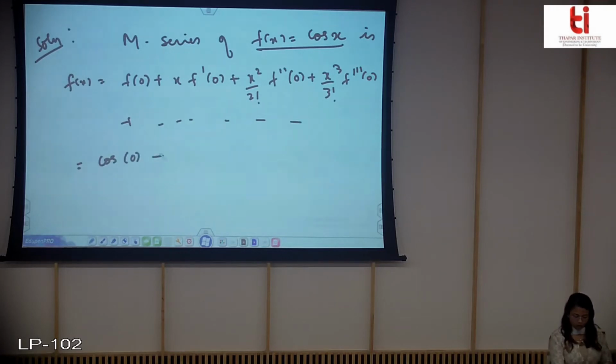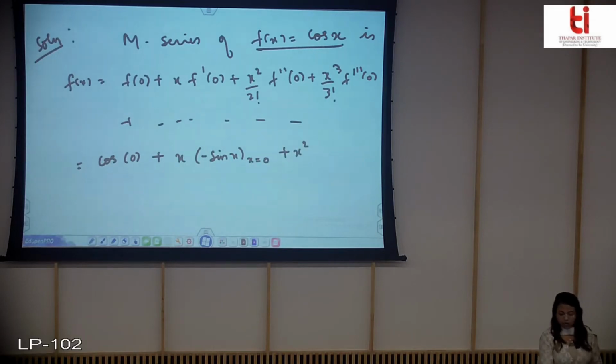You will get this, because I'll put this, and f dash will be, and you have to find it at x equal to 0, x square by 2 factorial, minus of cos x at x equal to 0.